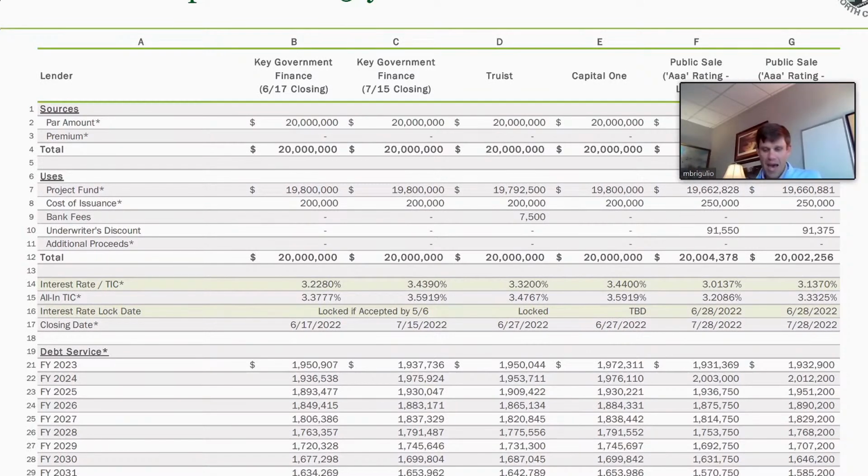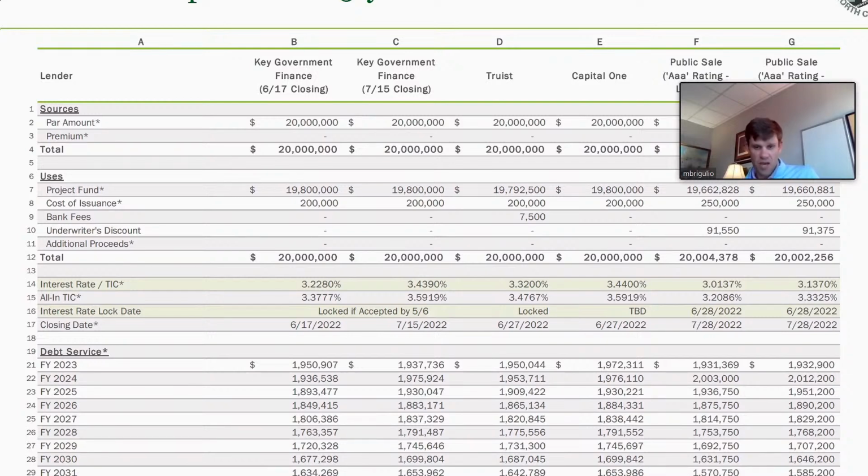And while past performance isn't always going to tell us what happens in the future, we have seen a rising trend over the last several months, and that is expected to continue in the near term. So I do think there's a reasonable expectation that rates will be higher when we get to that public sale date on June 28th.